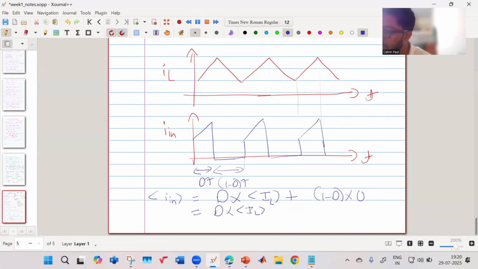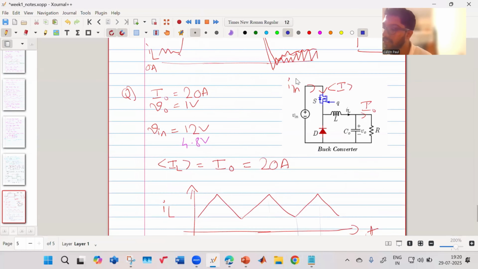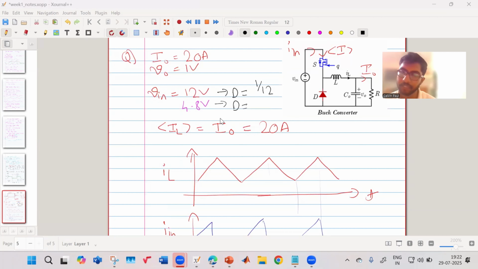So what is d in our case? In the first case, my duty is 1 by 12. In the second case, my duty is equal to 1 by 4.8.